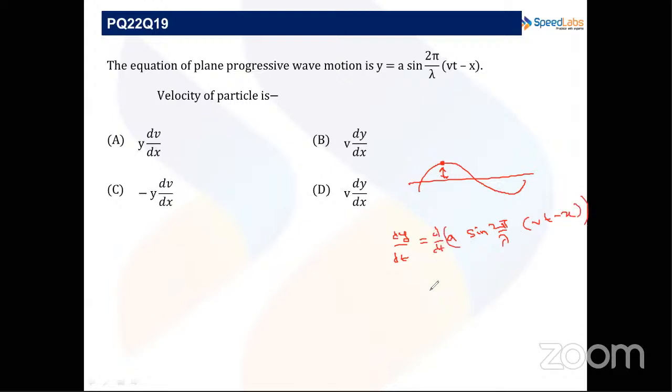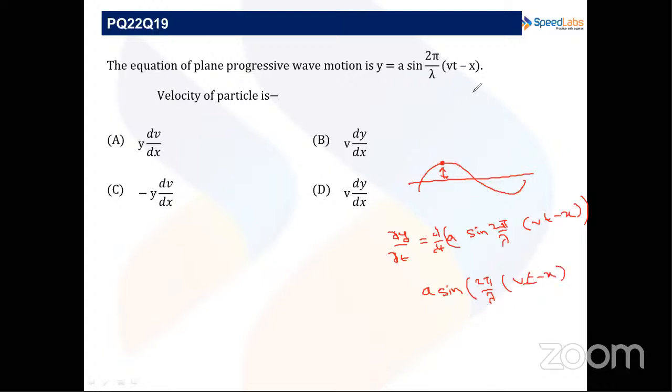So what do we get? A remains here, do partial differentiation with respect to time, del y by del t. So you get a sin 2 pi by lambda, and vt just becomes v, minus x.